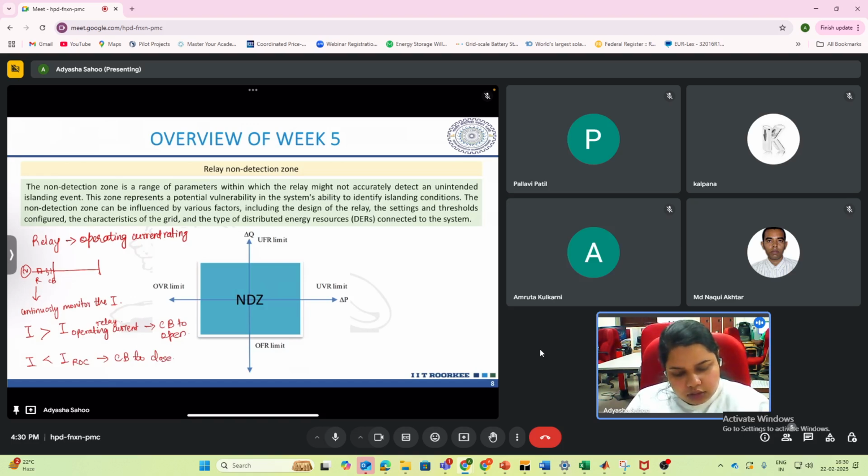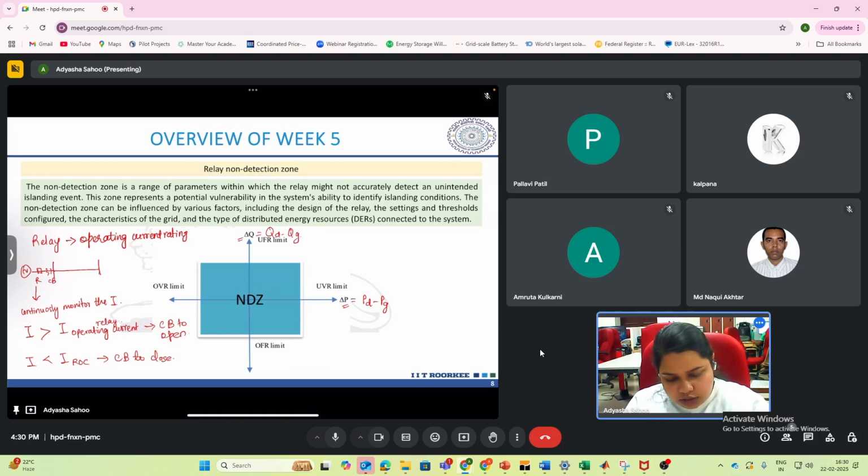So here you see this delta P is here and delta Q is here, basically representing the active and reactive power mismatches. The mismatch we see as the difference between demand and generation, PD minus PG, and similarly QD minus QG. So this is basically the operating zone of the relay.